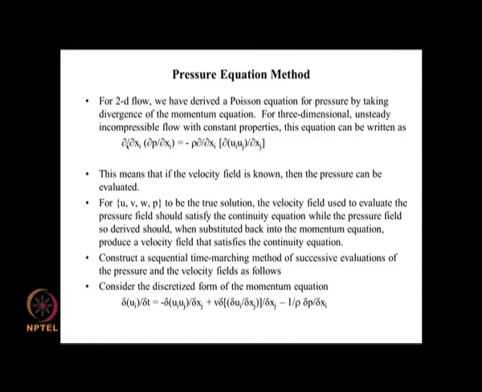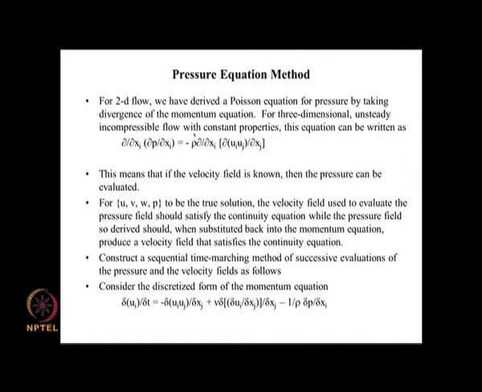So, that makes it dou by dou x of dou p by dou x plus dou by dou y of dou p by dou y plus dou by dou z of dou p by dou z. So, that is a Laplacian of p here, and on the right hand side we have minus rho dou by dou xi of dou by dou xj of ui uj.